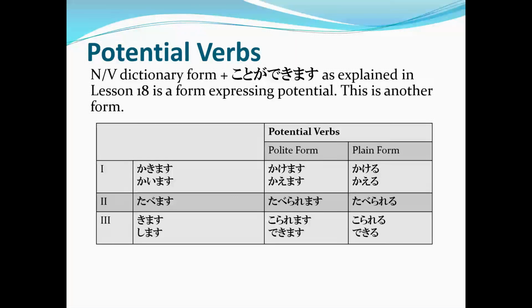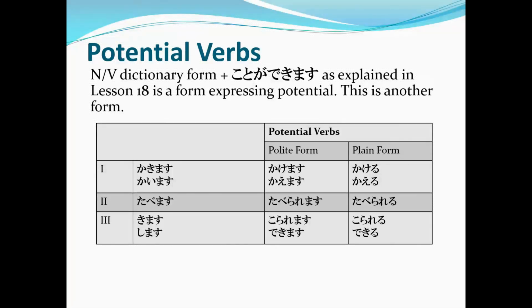Right, oyogeru. Very good. Now, let's move on to group 2 verbs, or verbs which end in e-line or a-line, then the masu form. For example, we have here tabemasu, to eat.